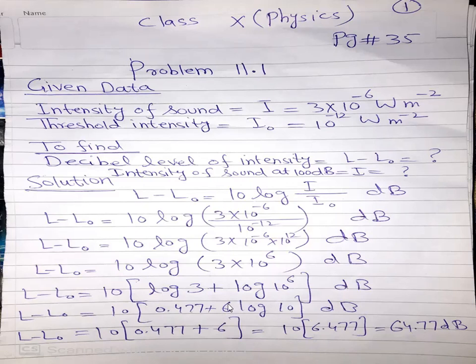So 1 multiplied by 6 is 6. Add them up: 0.477 plus 6 gives 6.477. Then multiply this with 10, you will get 64.77 decibel. So we have solved the first part of the numerical. The decibel level of intensity, L minus L naught, is 64.77 dB.